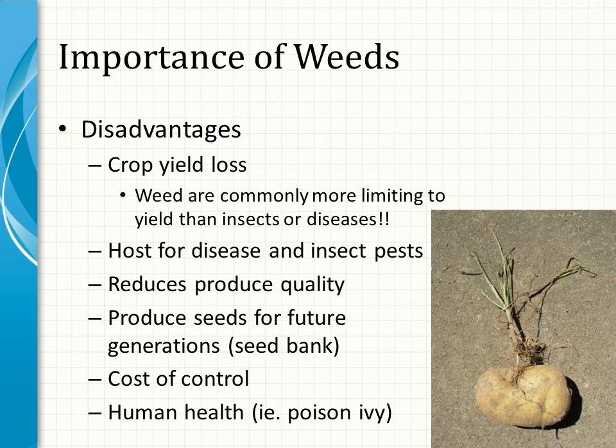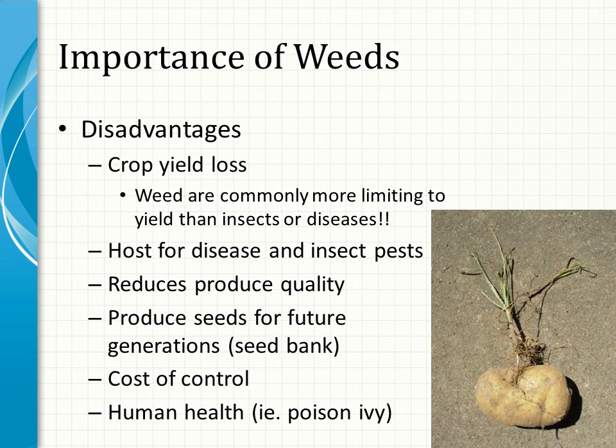So why are weeds important to us in crop production? Well, typically we think of them as having disadvantages, the first of which and most important being crop yield loss. Weeds are extremely competitive, and because of this they tend to outcompete our crop plants if not managed. Oftentimes they're even more injurious than insects or diseases when it comes to providing yield loss if not managed.